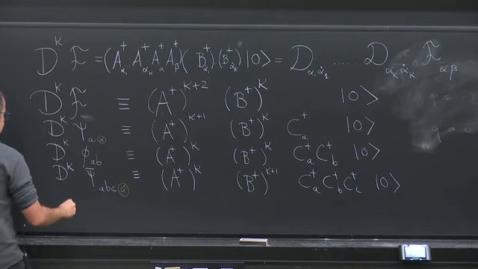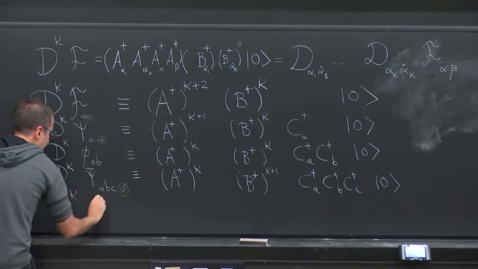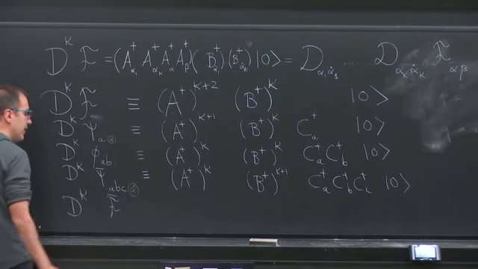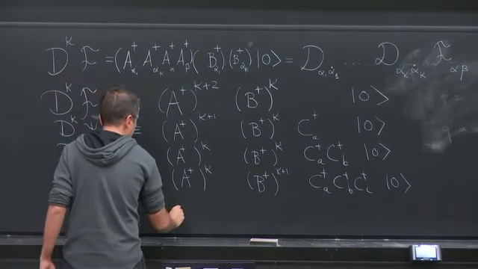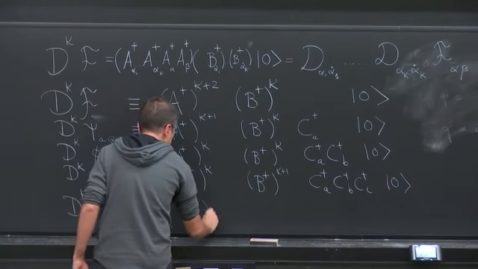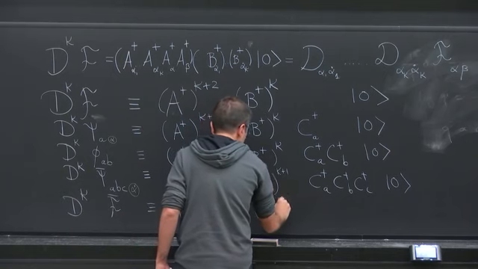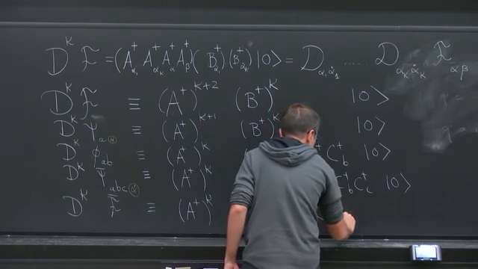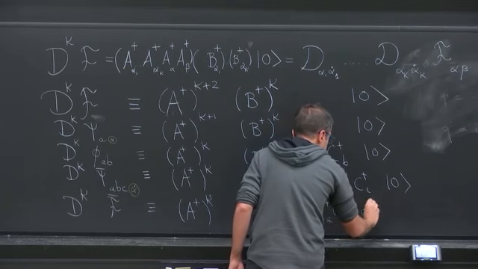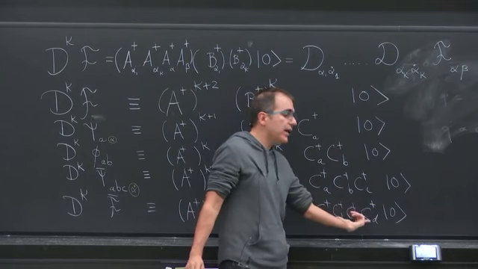And finally, and that's the last field you could have, D K acting on the field strength F bar. The other one, that one you would identify as A dagger to the K, B dagger to the K plus 2, and then C dagger A, C dagger B, C dagger C, C dagger D acting on the vacuum, where you see that this combination looks a bit strange.